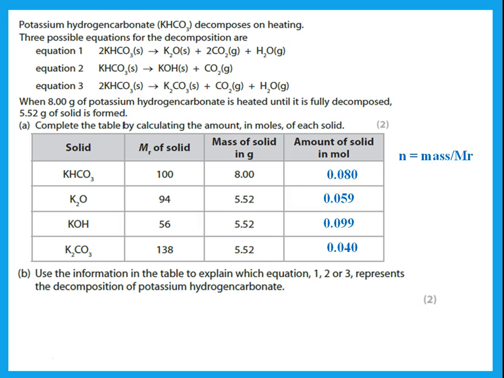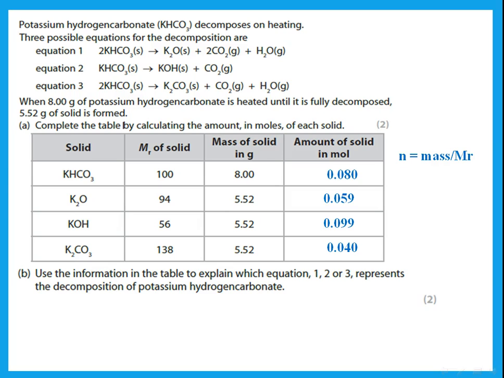So that means that equation 1 is wrong. Now, equation 2, KOH, if it is KOH, is 0.099. But from equation 2, the number of moles of KHCO3 should be the same as the number of moles of the solid that comes out. So if it is 0.08, I should actually get 0.08. I didn't get 0.08, so that means equation 2 is wrong.